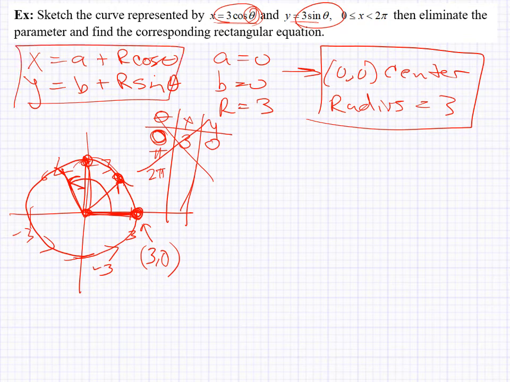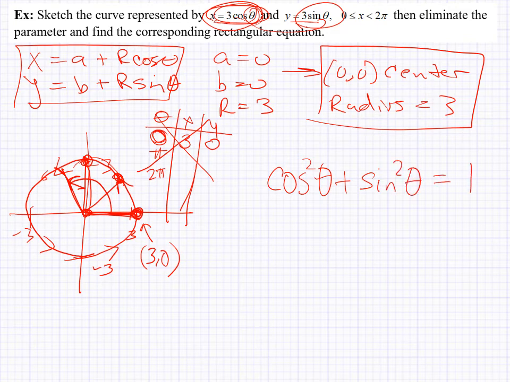All right. Next, what we want to do is come up with the corresponding rectangular equation. So one way to eliminate the parameter based off of what we've done before is to plug one of these equations into the other. But there are other ways to do it as well. Another thing we can do is use some trig identities here. We have one, and it's that cosine squared theta plus sine squared theta equals 1.